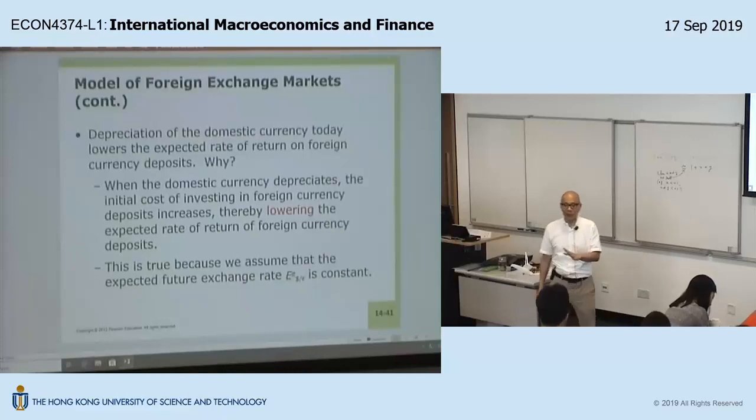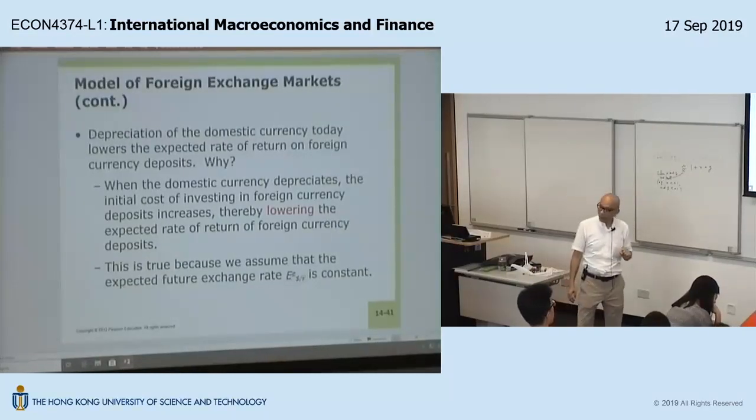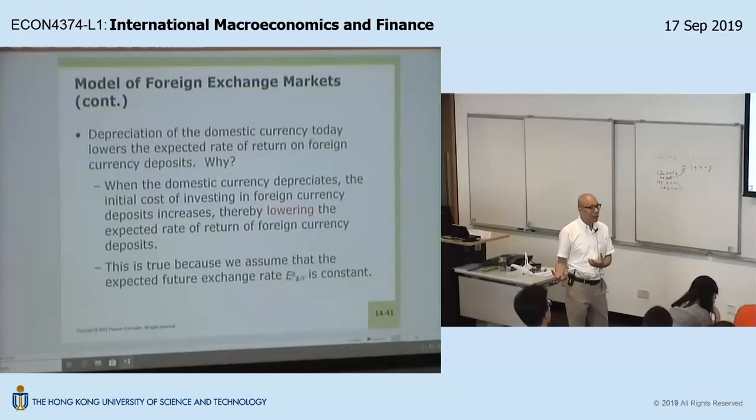So the only thing to consider now is, if the dollar depreciates today, then what does that mean? For every dollar, I can convert only a smaller amount of euro when the dollar depreciates today, right?